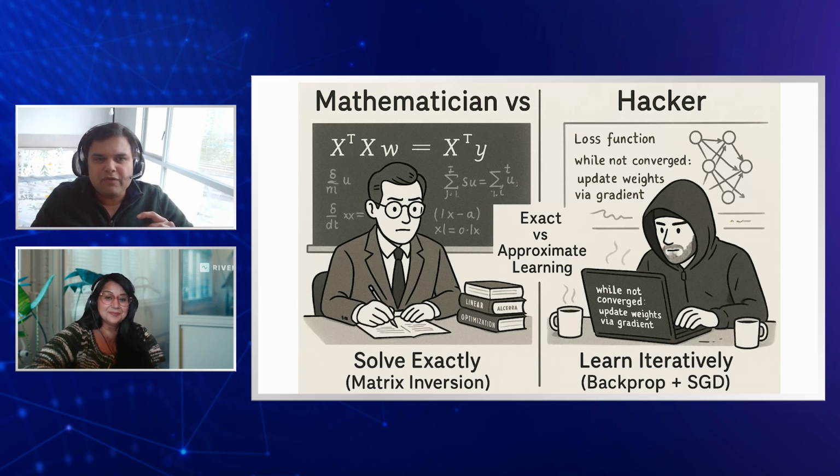When a mathematician is solving a problem, they use an equation. When a computer scientist is solving a problem, they will try to approximate: is the loss in the negative direction or the positive direction? Based on that I will change my weights, see how far I am from the loss, and take a step.